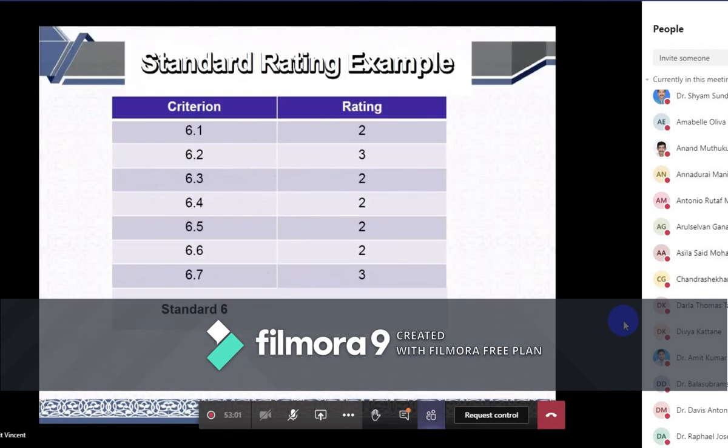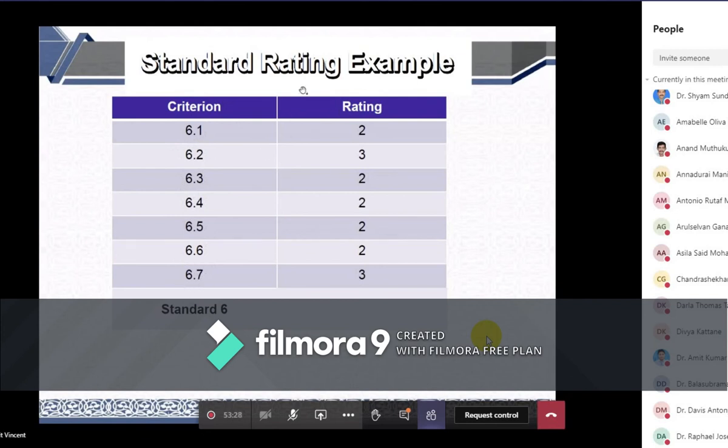Now let's take some examples. Let's take standard 6, which has 7 criteria. Standard 6 is academic support services, wherein we have planning and management at 6.1, the registry, library, information technology resources, academic advising, student learning support, and the teaching resources.